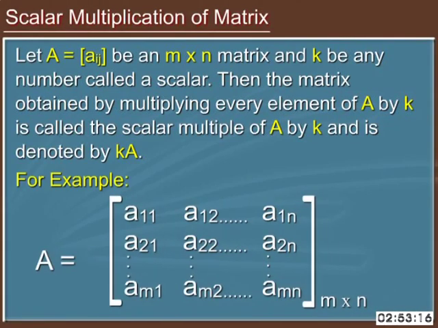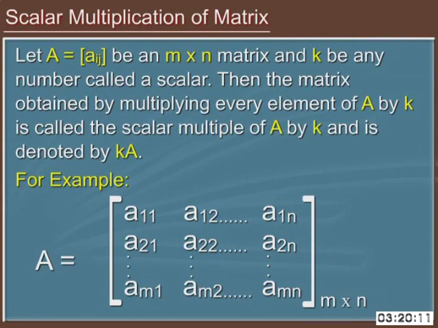For example, matrix A is an m by n order matrix having first row elements as a11, a12 up to a1n, second row elements as a21, a22 up to a2n and so on. Elements of its mth row are am1, am2 up to amn.